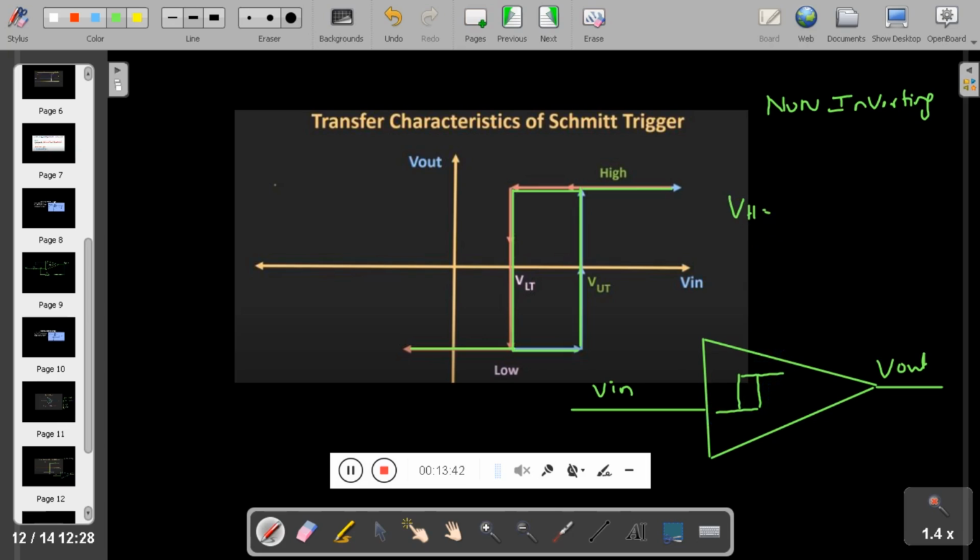Hysteresis is nothing but the difference between VUT and VLT, the upper threshold voltage and the lower threshold voltage.